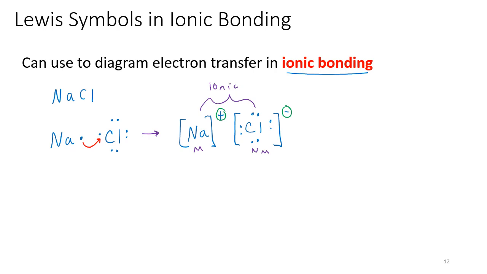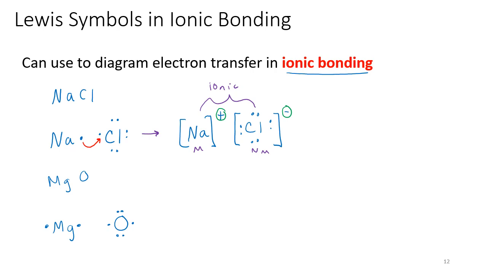Let's try to use Lewis symbols to show the bonding in something like magnesium oxide next. So magnesium oxide is MgO. Magnesium is a group 2A metal, therefore it has 2 valence electrons. Oxygen is a group 6A nonmetal, therefore it has 6 valence electrons around its Lewis dot symbol.